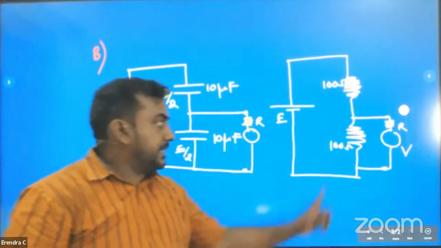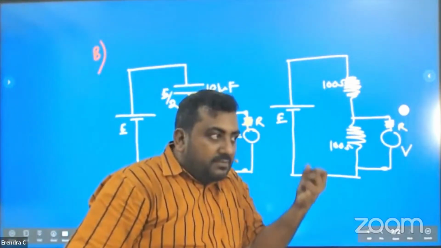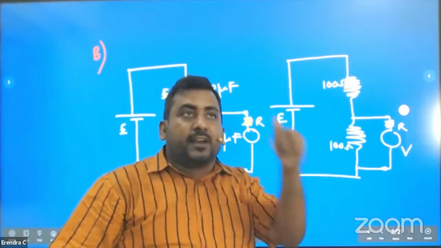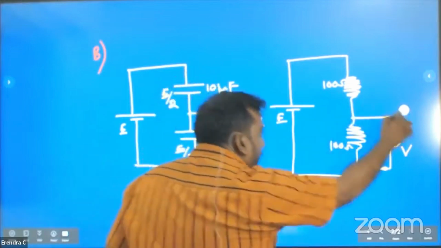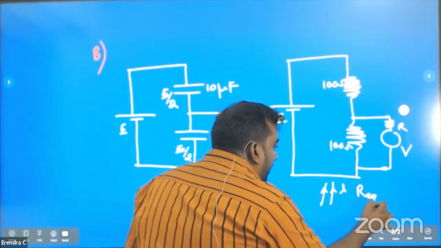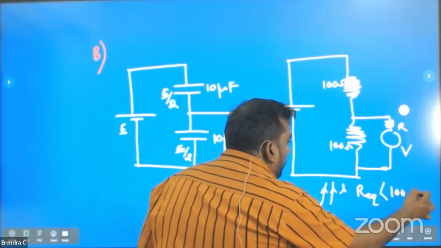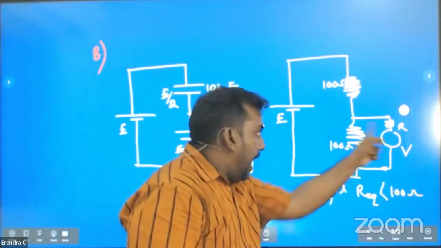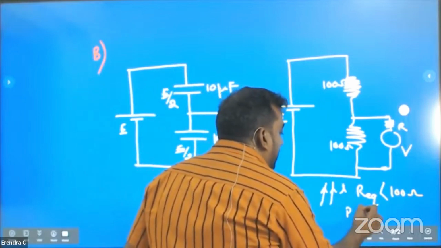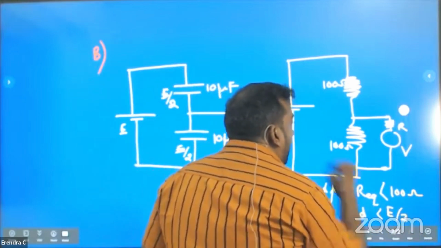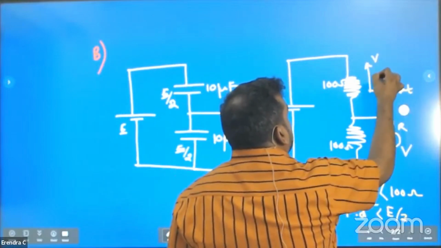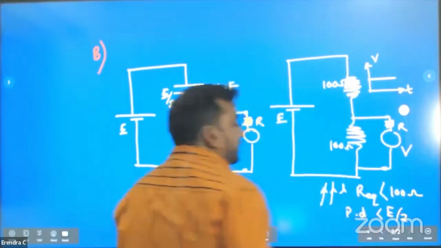Tell me now what happens. Effective resistance will become smaller. Effective resistance becomes smaller means potential difference will drop. Parallel R effective will be lesser than 100 ohm. Lesser means potential difference will be less than E over 2. But if I plot the graph of potential difference versus time, it is a lesser value but constant.